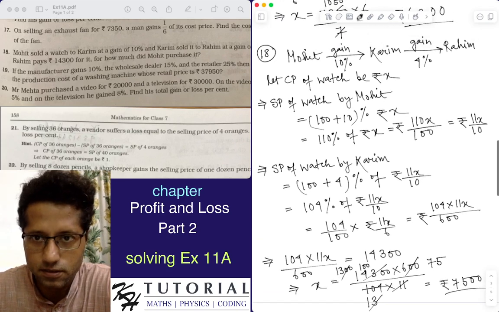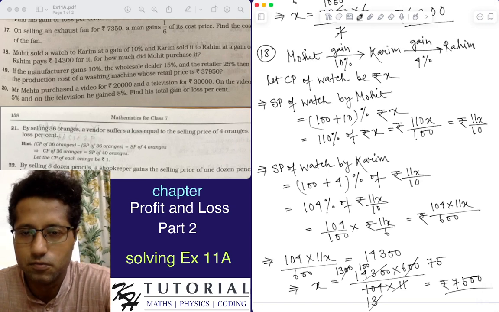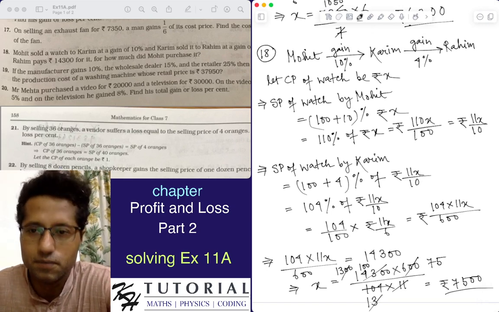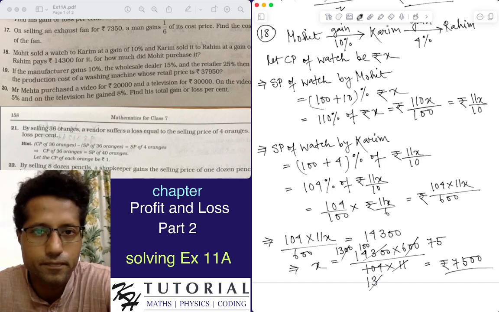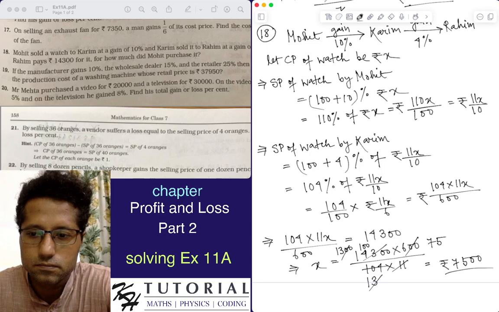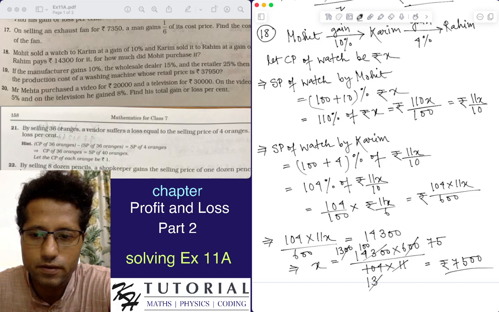So X is rupees 7500, and for how much did Mohit purchase it? So that is what we have considered. The cost price of the watch to be rupees X, which is the price at which Mohit purchased it, and X is rupees 7500. 11 divides 14300 with 1300, and 13 divides 1300 with 100.